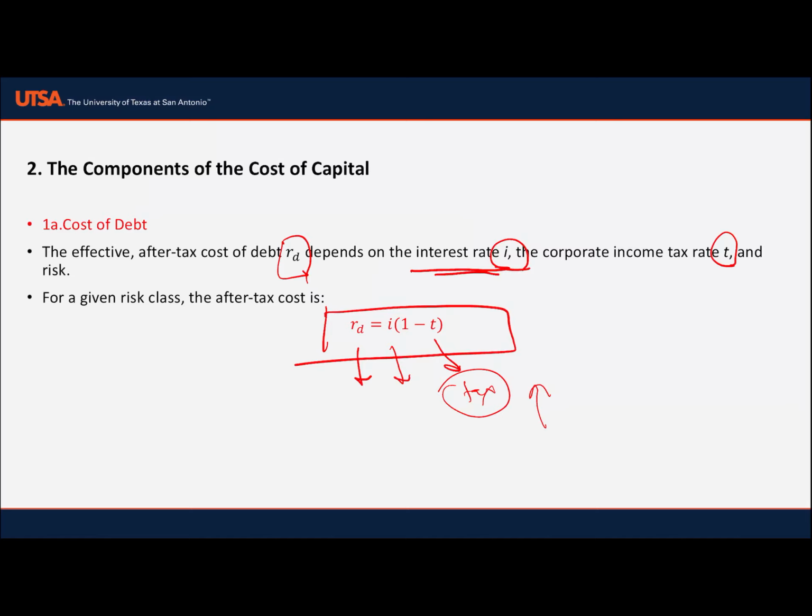As explained in the previous chapter, the effective after-tax cost of debt is RD, which depends on the interest rate, the corporate income tax, and risk. For a given risk class, the after-tax cost is represented by this equation.